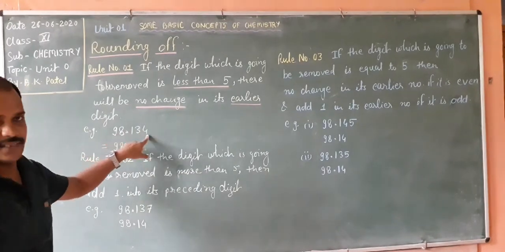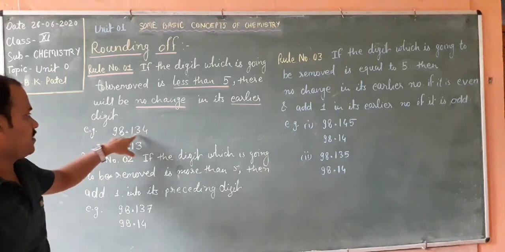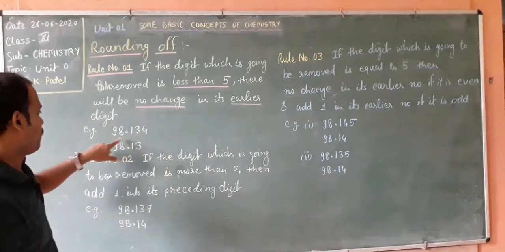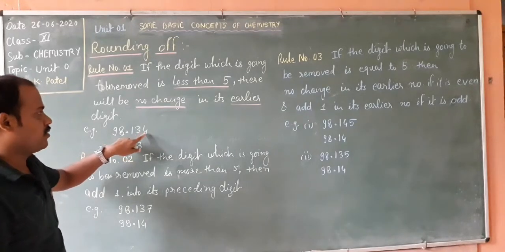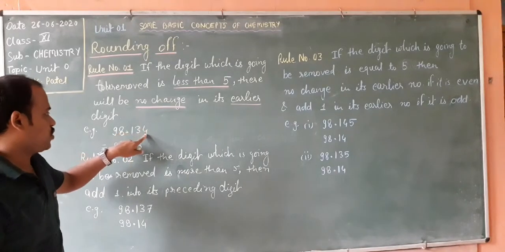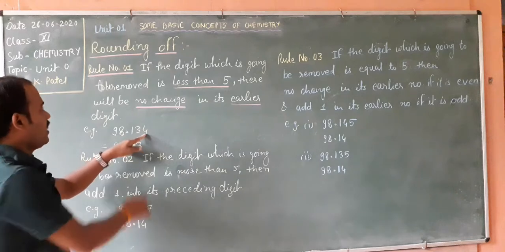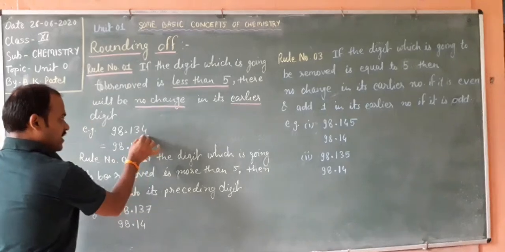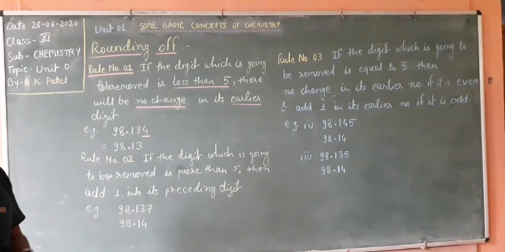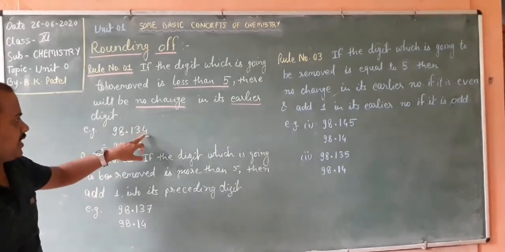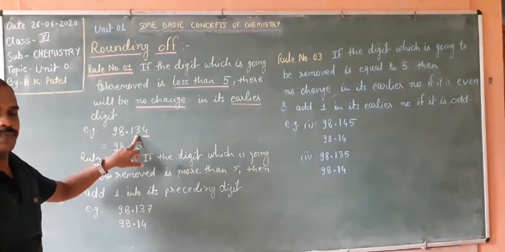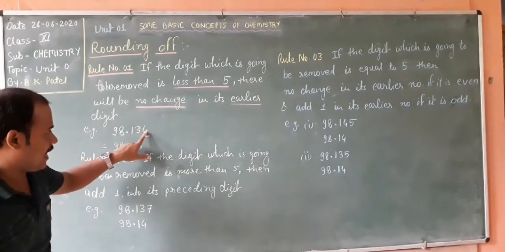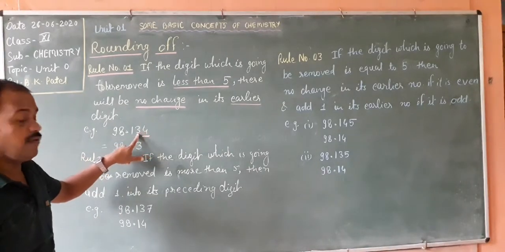It has 5 digits. We have to write this number up to 4 digits, so we have to remove this 4. See the rule: if this digit, this 4, is less than 5, then there is no change in its previous number, or its preceding number, its earlier number. So if this digit is less than 5, then there will be no change.